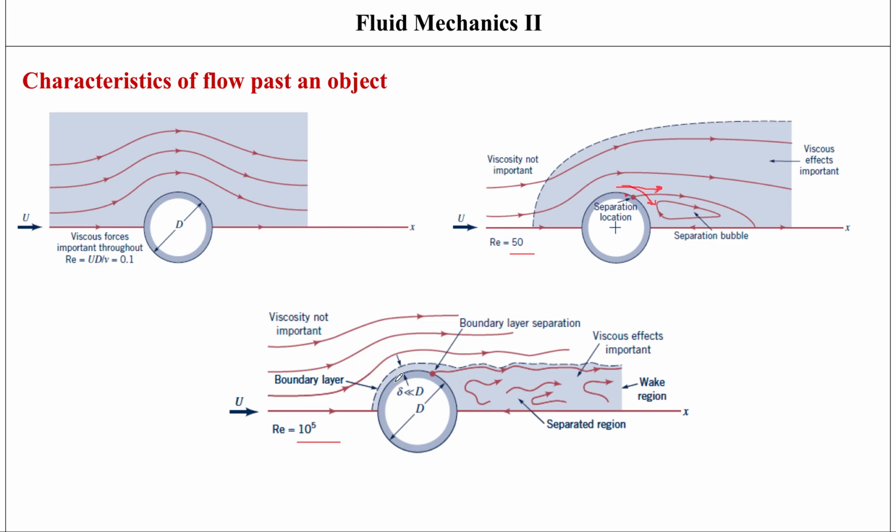Okay, and then you've got a very thin boundary layer over here, compared to the diameter, on the front portion of the cylinder, and you've got then maybe an irregular, unsteady, maybe turbulent wake region. This is called wake because it's after passing the body. So then you've got this wake region that extends downstream of the cylinder.